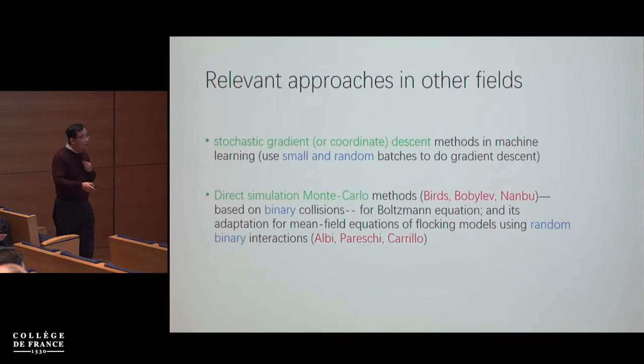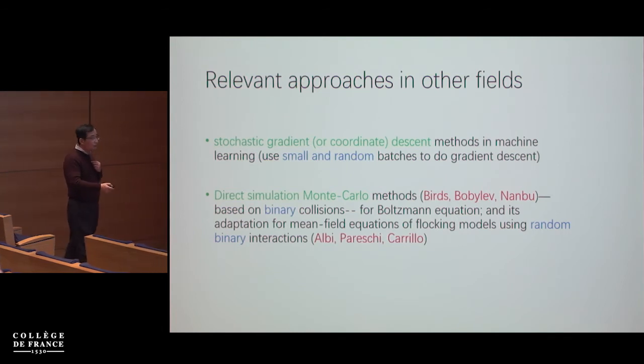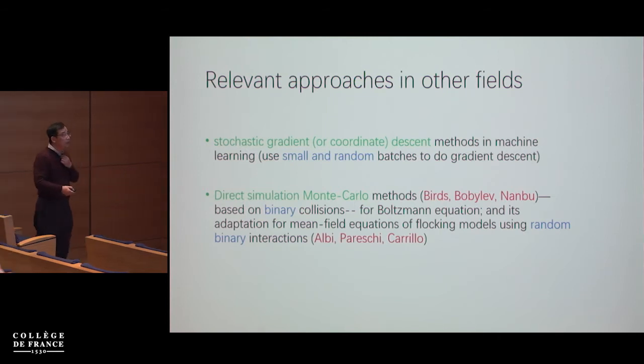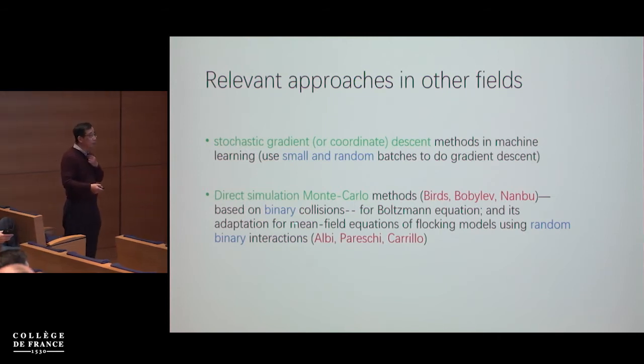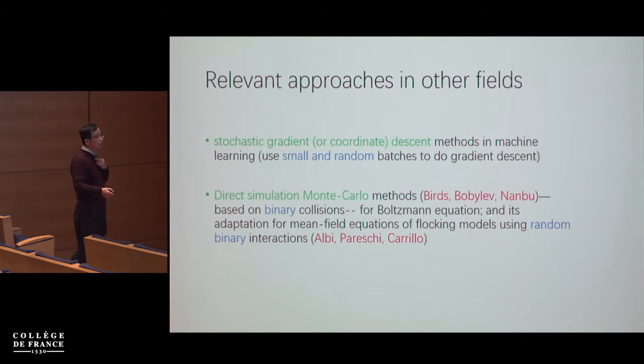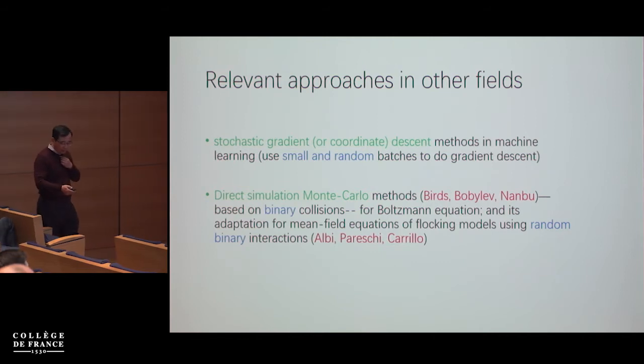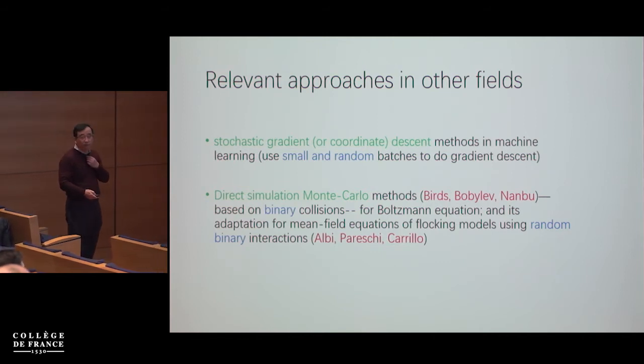So that's called direct simulation Monte Carlo. It's the most popular method actually to solve Boltzmann, which is very high dimension. And more recently, this idea has been adopted to solve mean field equations for flocking models using random binary interaction. For example, the work of L. Pareschi and later Jose Carrillo also joined the effort.